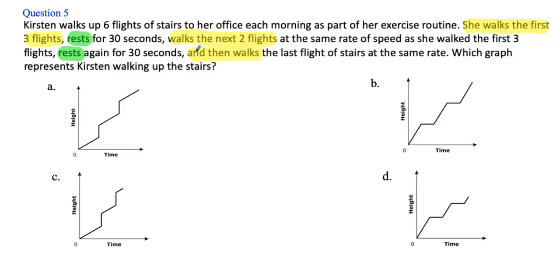Now I'm going to organize this information into a little list. So let's see. The first thing she does is she walks the first 3 flights. So she walks 3 flights. What does she do after that? She rests.